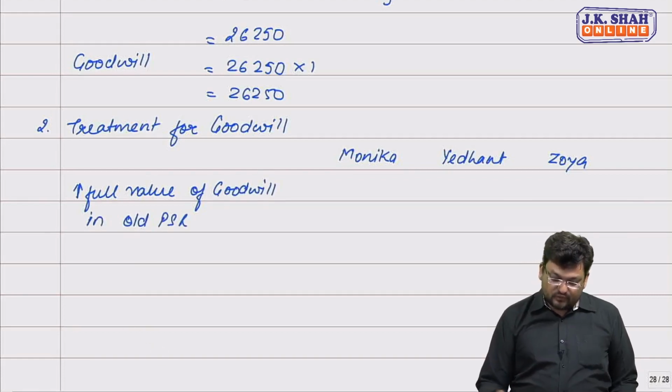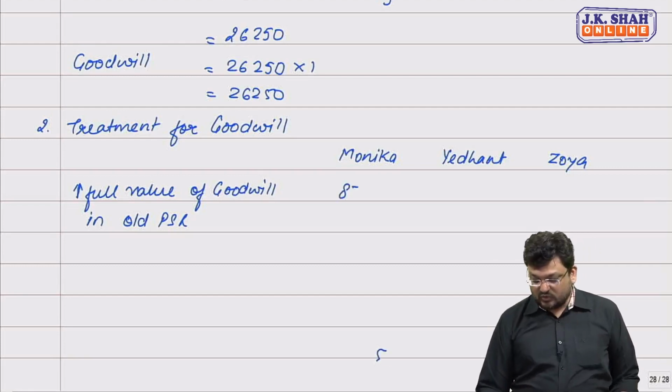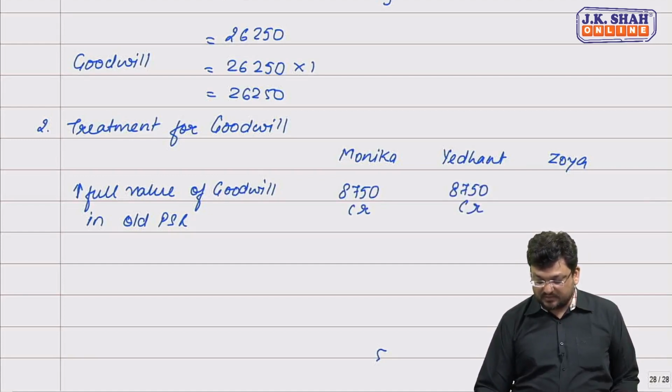What is full value of goodwill? 26,250. Old ratio is equal. So 8750 will be credited to each of their capital accounts.